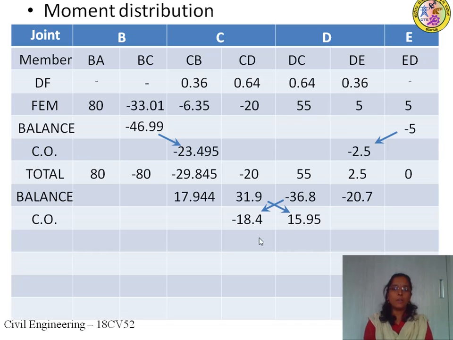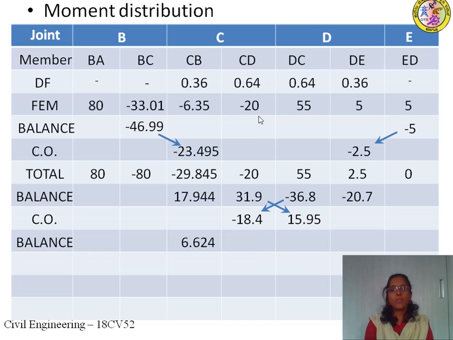Okay, so next, as soon as the moments are carried from CD to DC and that from DC to CD, the joints C and D get imbalanced. So we have to again go for balancing. So the imbalancing moment at C is minus 18.4. Therefore balancing moment will be plus 18.4. So plus 18.4 into 0.36 will be equal to 6.624.